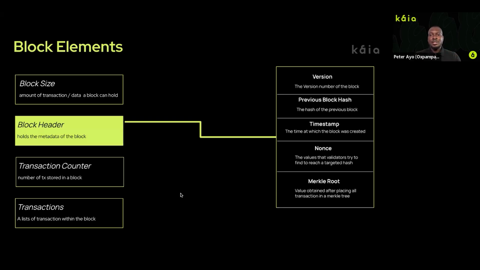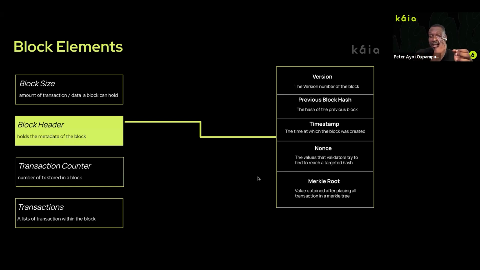As you can see in the slide, we have the version number, the previous block hash, the timestamp, the nonce, and also the Merkle root. Now let's break some of these down and explain them one after the other.